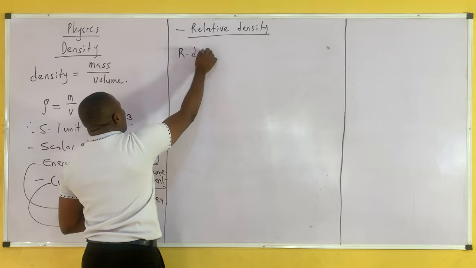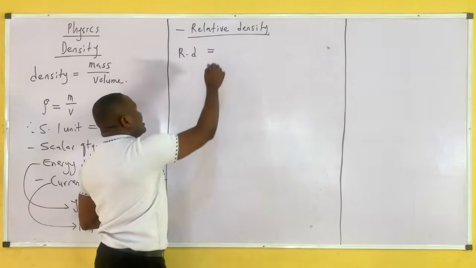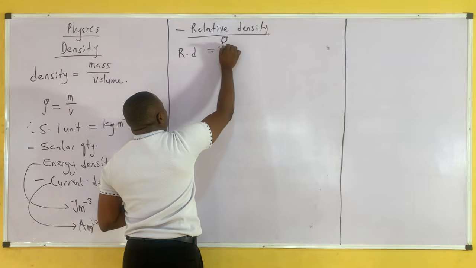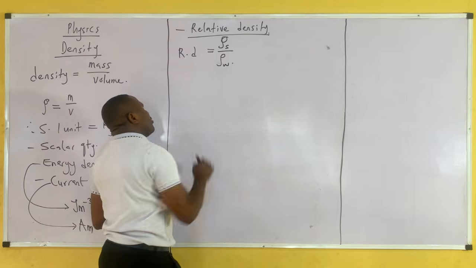So what is relative density? Relative density will be the density of the substance over the density of water.